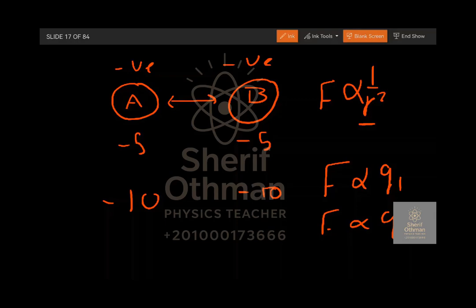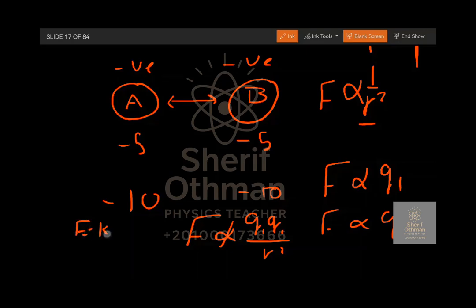So we can write the relation as follows: F is directly proportional to Q1 multiplied by Q2 divided by R squared. To remove the proportionality sign, we can put in a constant. So the rule will be F equals K, which is the Coulomb constant, Q1 Q2 over R squared.